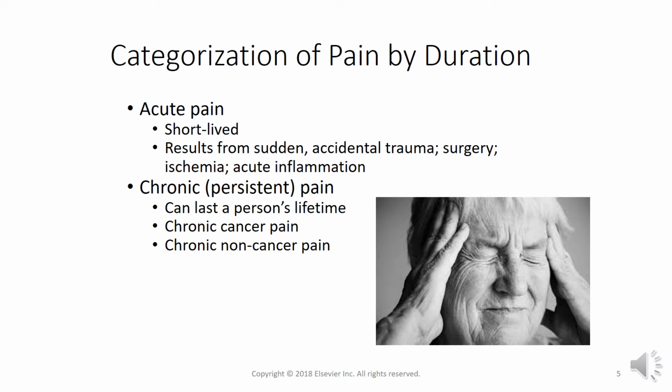You're going to find that when you see myocardial infarctions, when you see infarctions in the gut, any place where oxygen doesn't get to those organs like it should. Okay, our other categorization of pain by duration is chronic or persistent pain, and it can last a person's lifetime. And we also have cancer pain and non-cancer pain, and both of those can be chronic type pains.